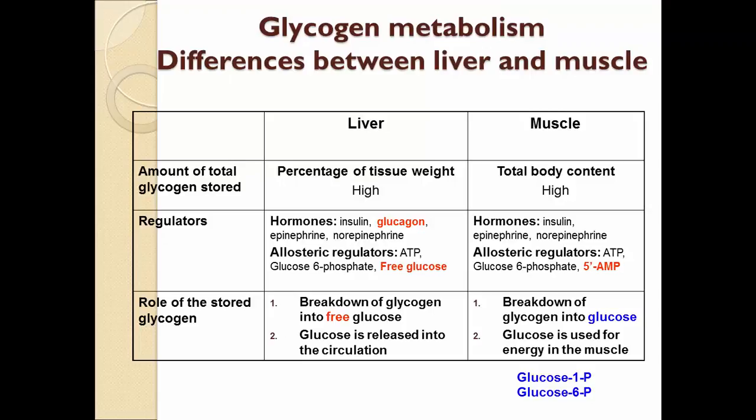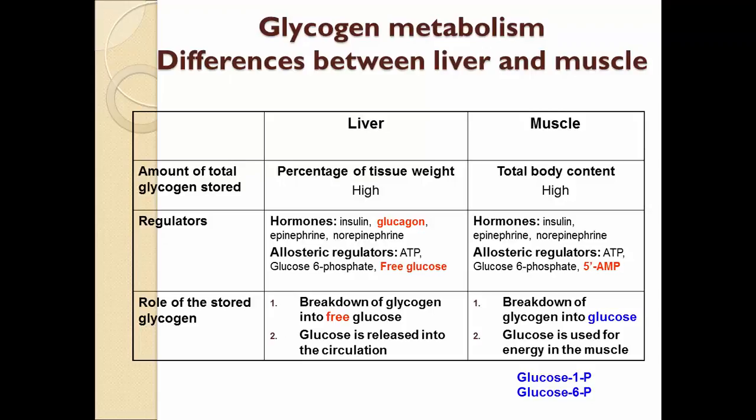And for the substrates, in liver, ATP, glucose 6-phosphate, and free glucose are the regulators. In the muscle, free glucose is not a regulator of muscle glycogen metabolism, but 5'-AMP is a regulator in the muscle but not in the liver.